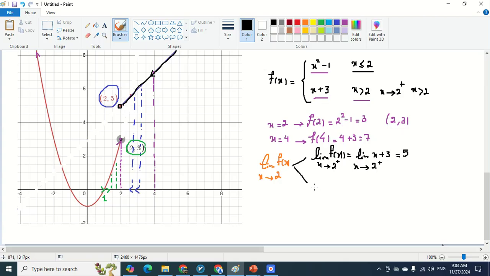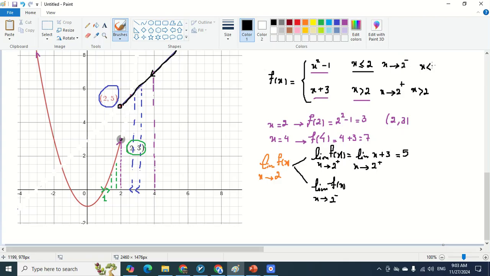But when we want to calculate the limit of f(x), where x tends to 2 from the left side, we denote the situation by x tending to 2 and put a negative sign at the top of the 2, meaning that we tend to 2 from the left side. That means when x tends to 2 from the left side, x is smaller than 2.